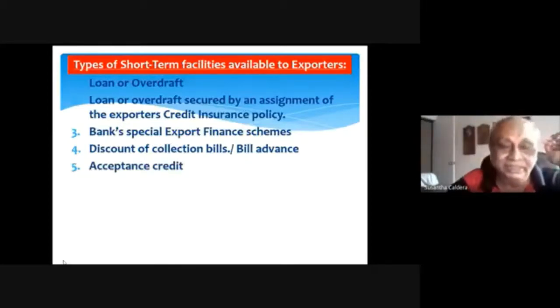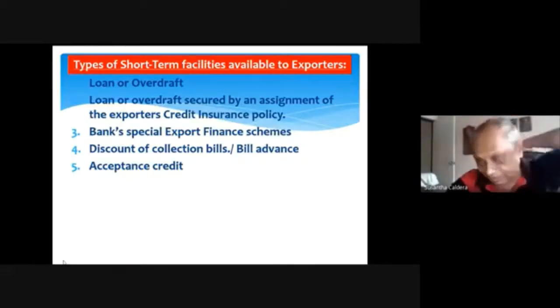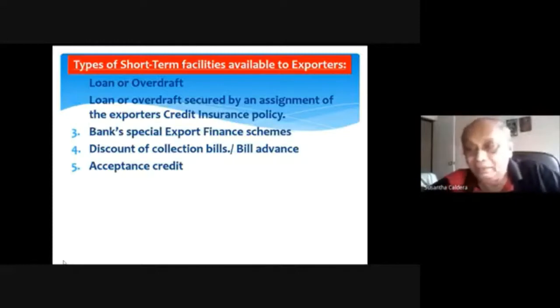Acceptance credit. If a customer has a usance bill, after the customer accepts the bill and the bank also accepts it, I go to the exporter and ask whether they need money, shall I discount it? Because I have no risk. The issuing bank has accepted the bill and informed me that on the 60th day they will pay.